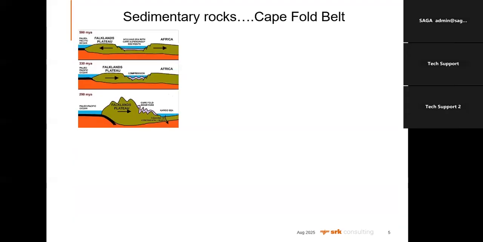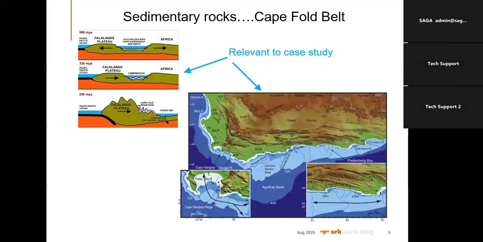So just a very high overview of what happened in South Africa. When the continents broke up, there was an extension, then a compression, which resulted in the Cape Fold belt, the Cape Fold Mountains in South Africa, and that's where the case study site is located.